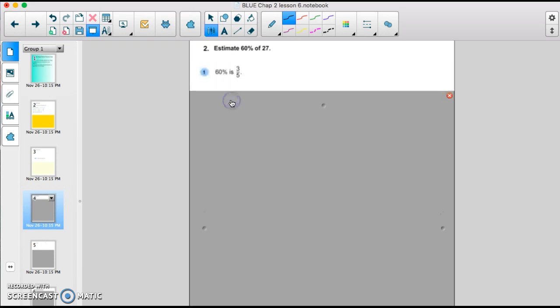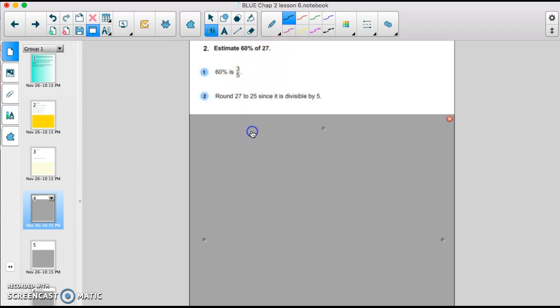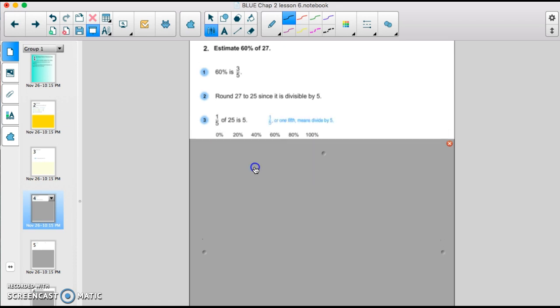So 3/5 is going to be what we're working with. We'll really work with, okay, looking at our fifths. So what could we divide by 5 easily in our heads that's close to 27? Good, 25. So we would round 27 down to 25 and divide it by 5. And when we divide it by 5, we get 5.